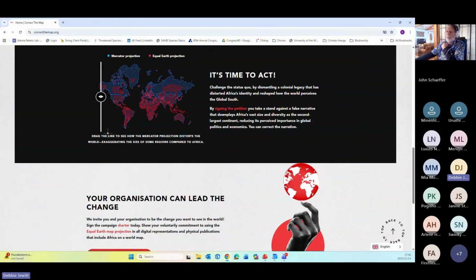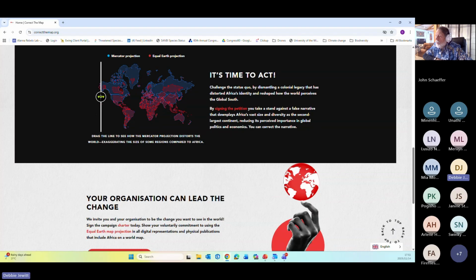This is a project called Correct the Map, and it's just showing the different sizes globally of different countries and continents. So the blue outline is the Mercator projection that's normally used on all the maps, and the red one is the Equal Earth projection, where area now becomes important. And I think it's quite interesting because you can see how big Greenland is, how big Canada is, how big Russia is.